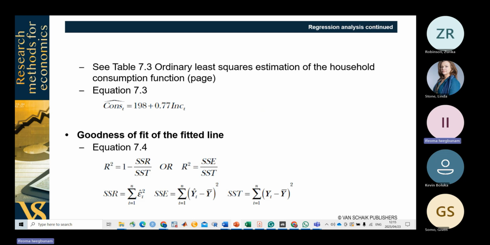Then when we are using the OLS model, the ordinary least squares estimator, to measure the goodness of fit, we need to look at the residual sum of squares and the total sum of squares.